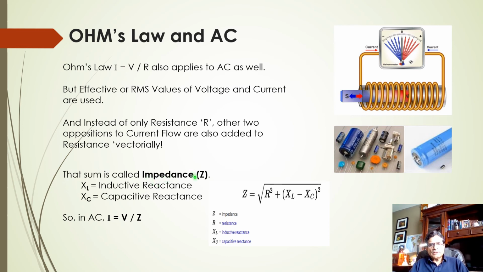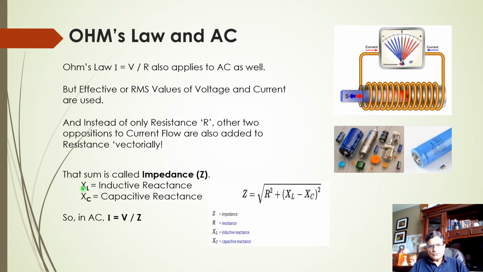Impedance is shown by the symbol Z, and the resistance produced by the coil inductance is shown as XL, and it is called inductive reactance, and the opposition produced by the capacitors is shown by the symbol XC, capacitive reactance. So XL is inductive reactance produced by the inductance of the coil.